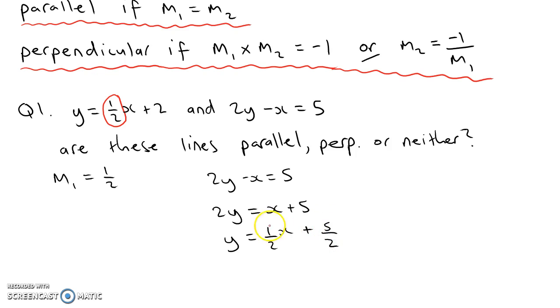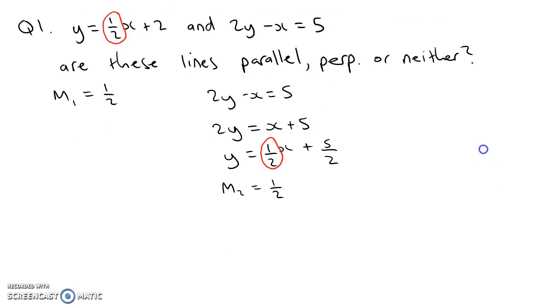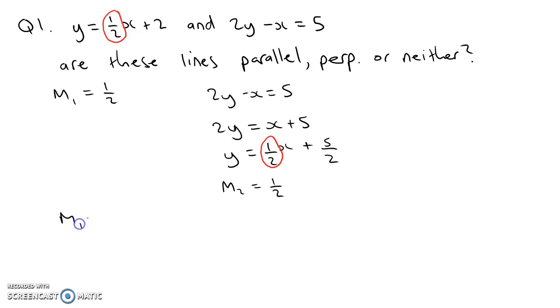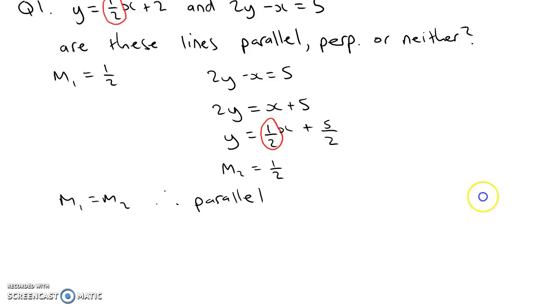So our gradient of this line is also a half. Now, because both these gradients are a half, m2 equals a half, therefore we know that they're parallel. Since they've got the same gradient, we know they're parallel. m1 equals m2, therefore parallel. Let's have a go at one more question.